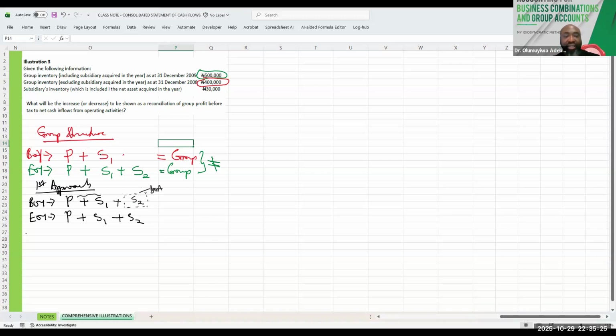Which means the fair value of the inventory that is part of the assets acquired has to be adjusted by adding it to the opening inventory, so that we can compare the movement in an appropriate manner.